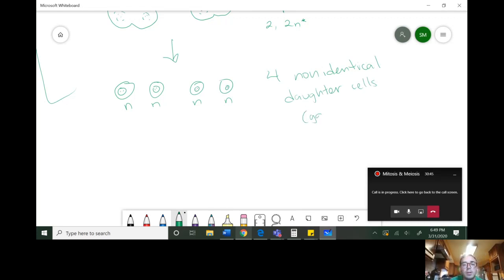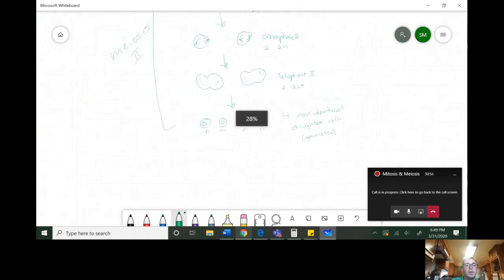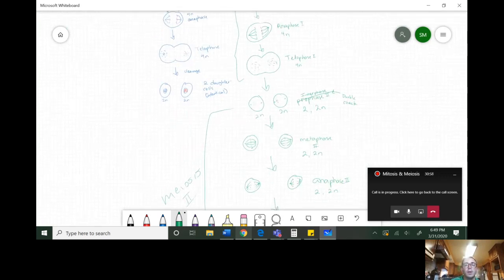These are our gametes. Alrighty. So I'll just verify later that the interphase is correct.